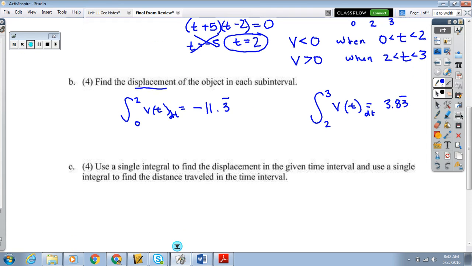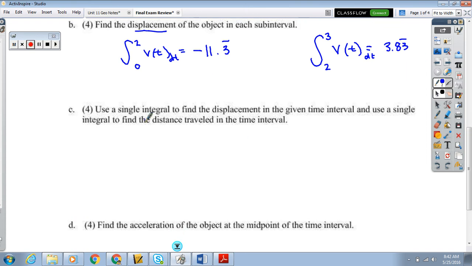If you're trying to tell a story with this, from 0 to 2, I moved 11 spaces to the left, and then from 2 to 3, I moved about 3.8 spaces to the right. Then it says use a single interval to find the displacement in the whole time interval given. From 0 all the way to 3, I'm integrating velocity.